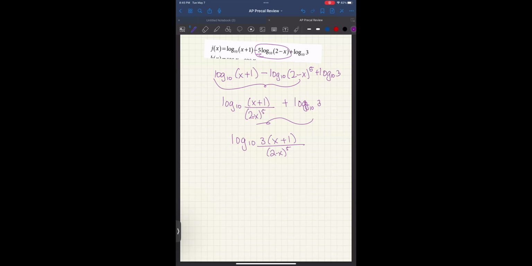Can you just distribute though, and say 3x plus 3? No, just leave it like that. Can you take out the 10? It's the same thing whether you have the 10 or not.